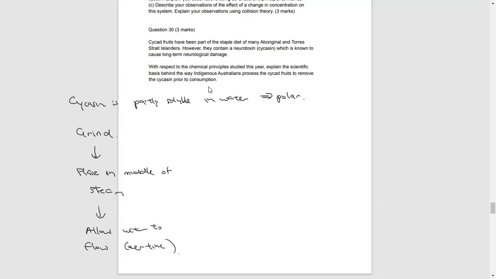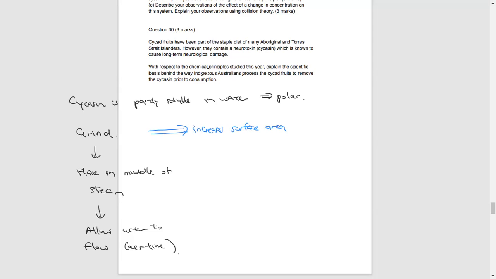And so we need to make reference to the fact that it's soluble. Grinding increases the surface area and aids in having water getting to more surface area and therefore solvating more.